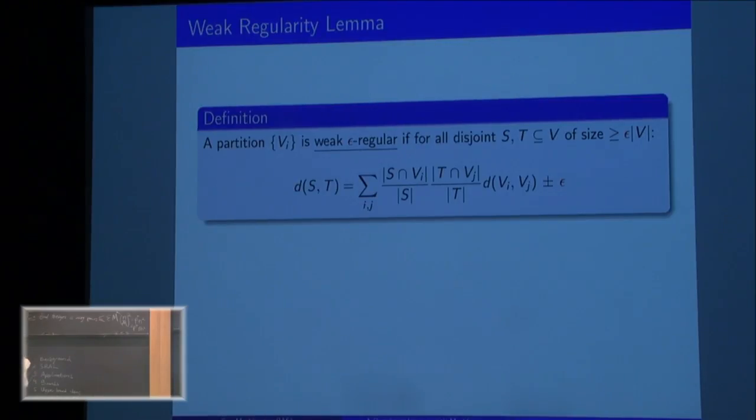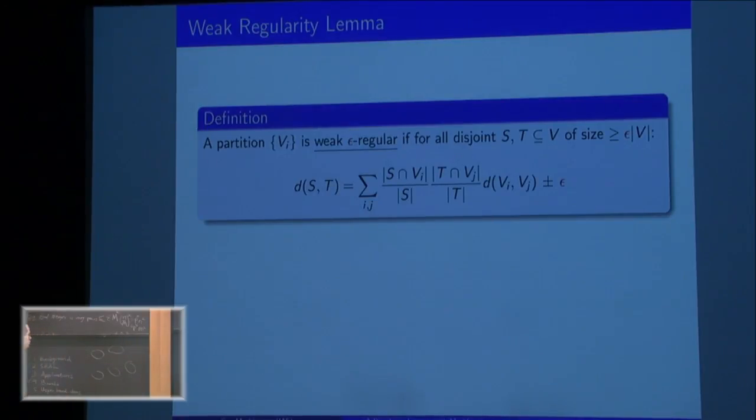It's an interesting lemma. First, before the lemma, here's the definition of a partition which is weak epsilon regular. Here the requirement is that for every two large sets, the density between them is what you would expect based on the compressed graph. Let me try to compare this to the usual regularity lemma. In both cases, you find some partition of your graph.